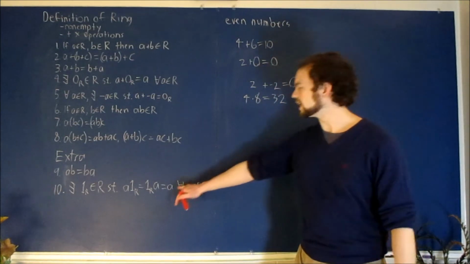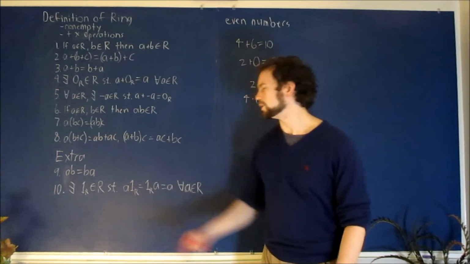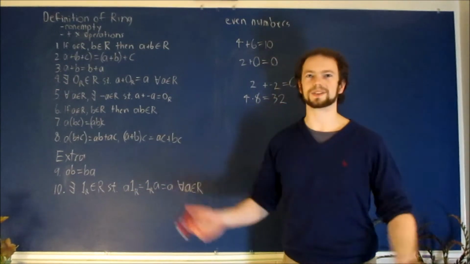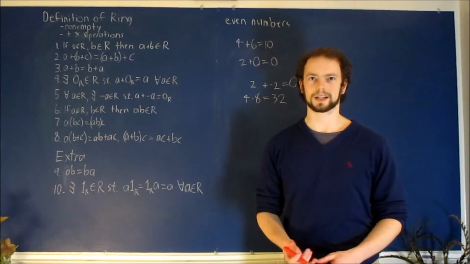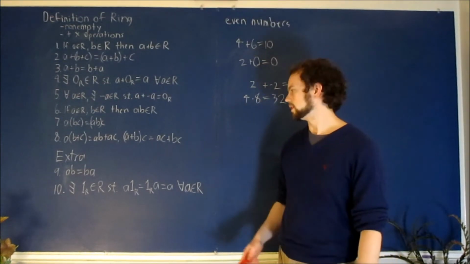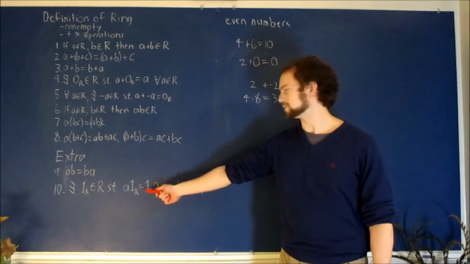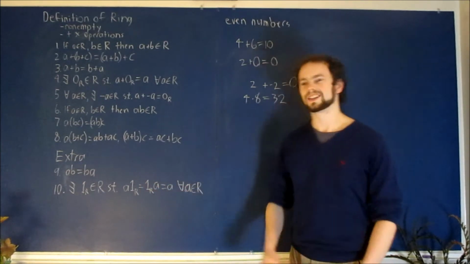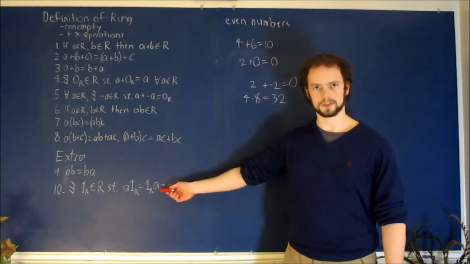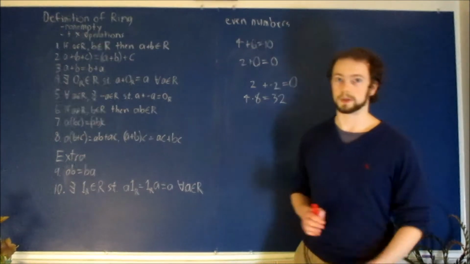There is no even number such that if you multiply it by any other even number, you get that second even number back, right? The set of integers had this because that was the number 1, but 1 is not an even number, so the set of even numbers does not have this multiplicative identity, but it doesn't need it to be a ring.